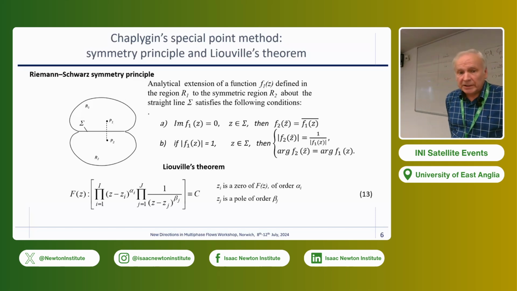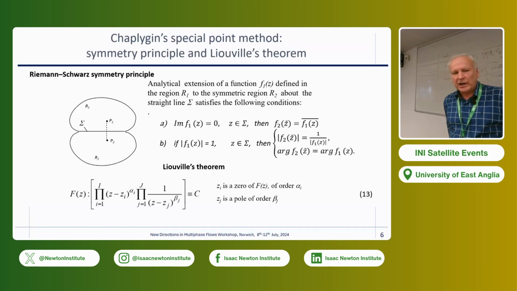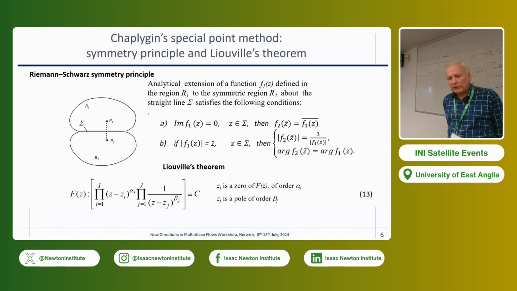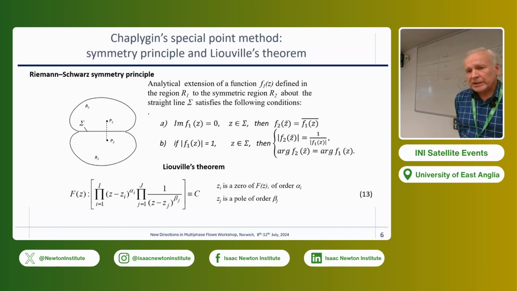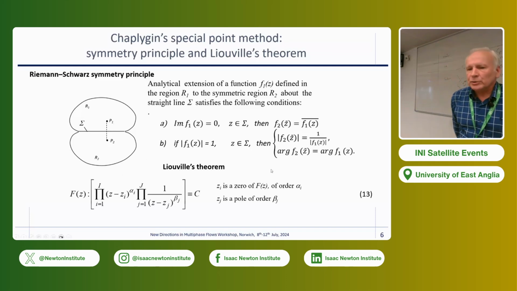Riemann symmetry principle says that if we have a function defined in region R1 and straight segment of the boundary sigma, we can extend this function into the region R2 through the straight line. We can provide two kinds of boundary condition. We can provide that imaginary part of complex function is 0 on the straight line, or magnitude of function is equal to constant 1. In the first case, we need to put in the symmetric point P2 the value conjugated to the value at point 1.